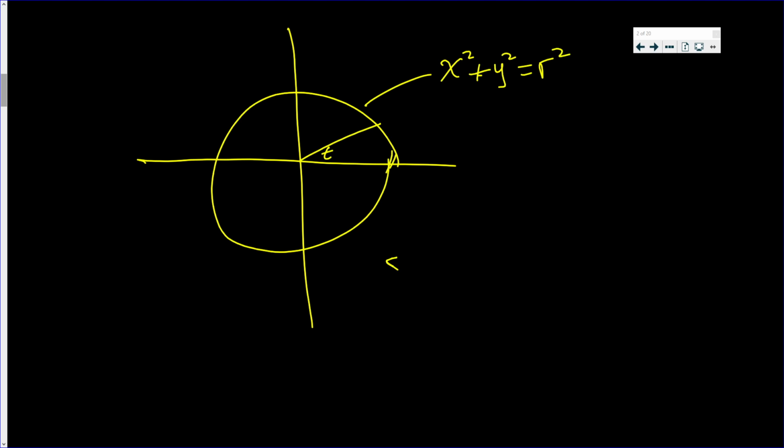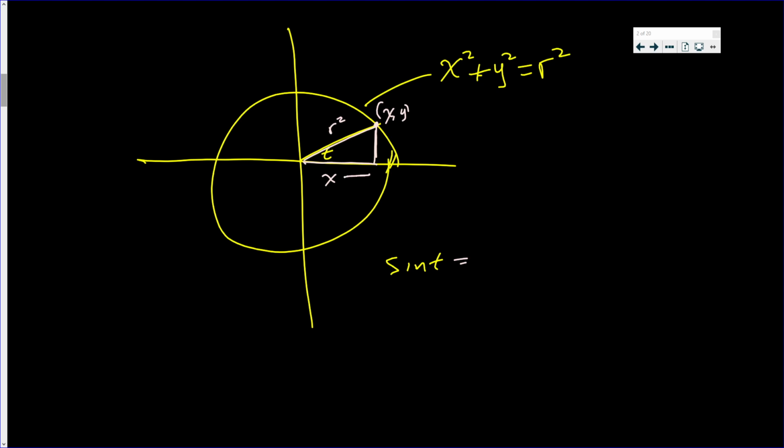Now, for the sine of t, we can make our right triangle. Remember, the hypotenuse is r. Now, one last thing, this point here is some (x, y).